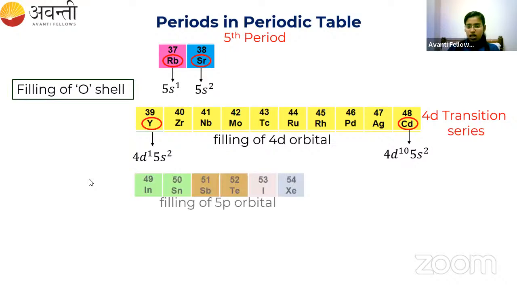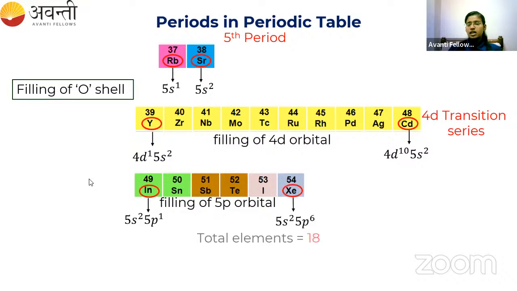And at last we have the filling of 5p orbital. It starts from indium and ends with xenon with the configuration 5s2 5p1 till 5s2 5p6. So totally again we have 18 elements. Fifth period also contains 18 elements with the filling of the fifth shell.